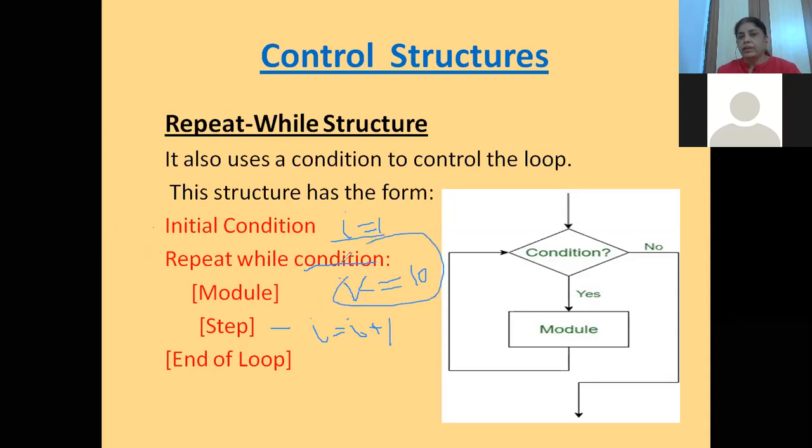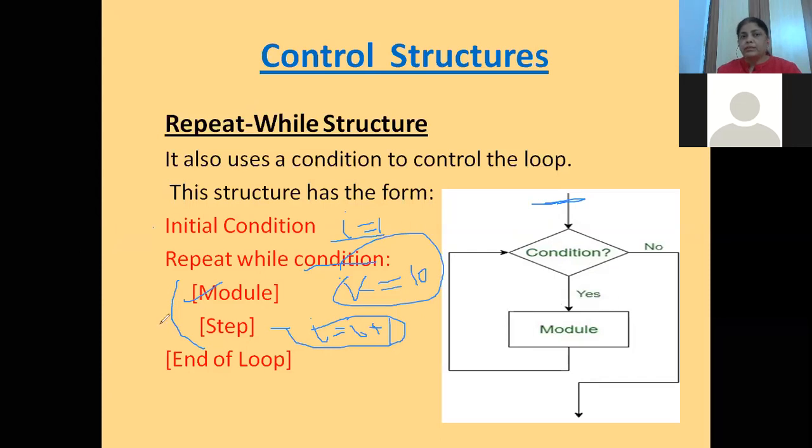That I should be less than equals to 10. And what should be the step? Step is part of your module, means the set of instructions which you are executing. So that should be in the loop only, so that every time it is incremented by 1. So if the condition is true, it will execute the module, and the step is part of your module, and the initial condition you have to give here.